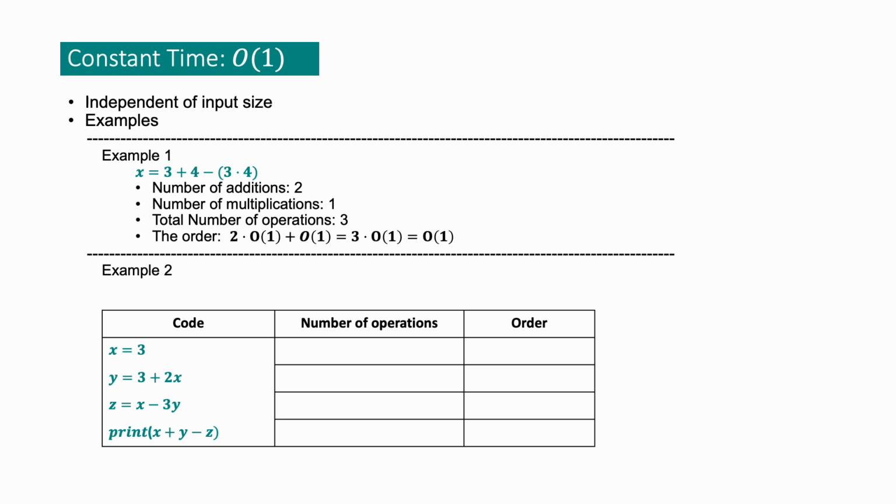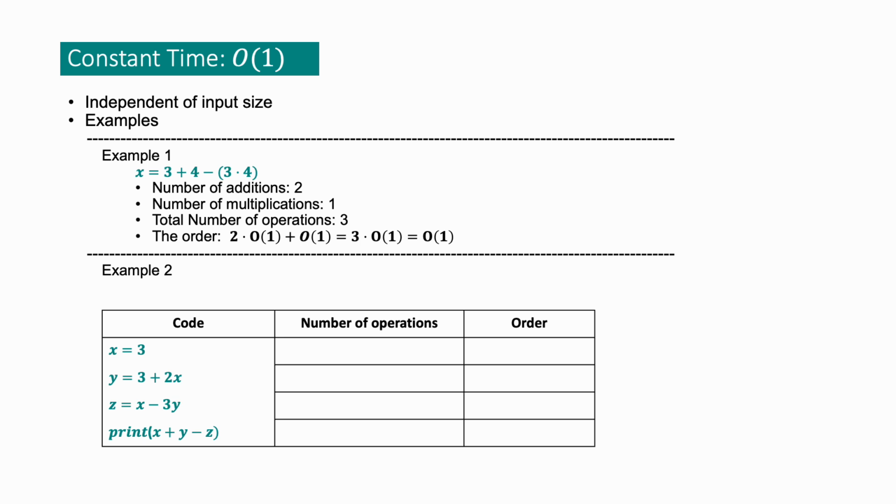If you look at the number of operations, we have two additions and one multiplication, a total of 3 operations. So the order for the additions is 2 times O of 1, and for the multiplication, that is O of 1.